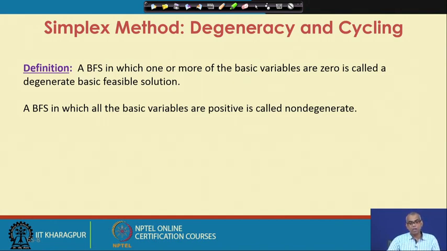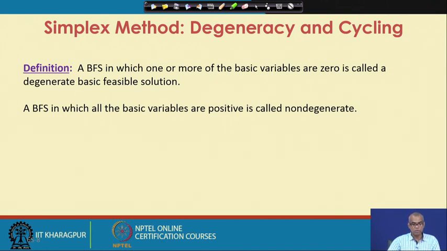Next, we talk about another special case, degeneracy and cycling. A basic feasible solution in which one or more of the basic variables are 0 is called a degenerate basic feasible solution.